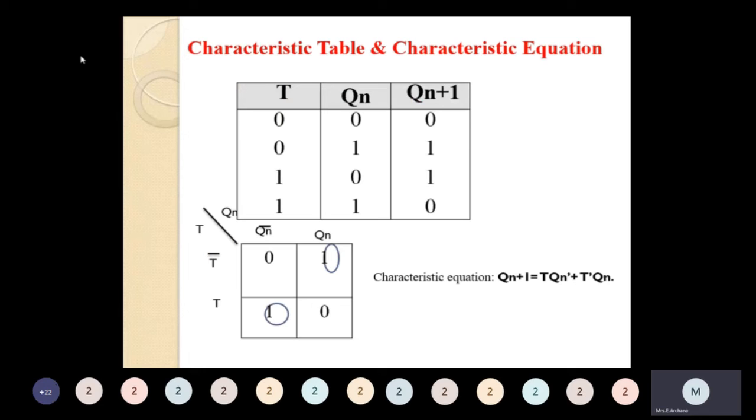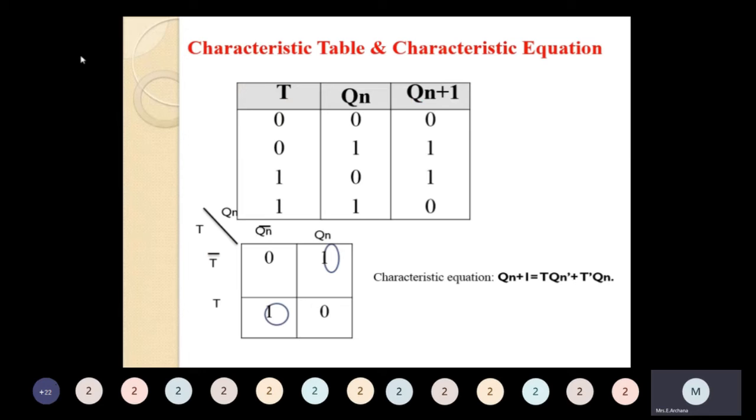When the T value is 0, when my present state is 0, 1, the next state is no change, 0, 1. When my T value is 1, and my present state is 0, 1, it toggles the next state, so it produces 1, 0.